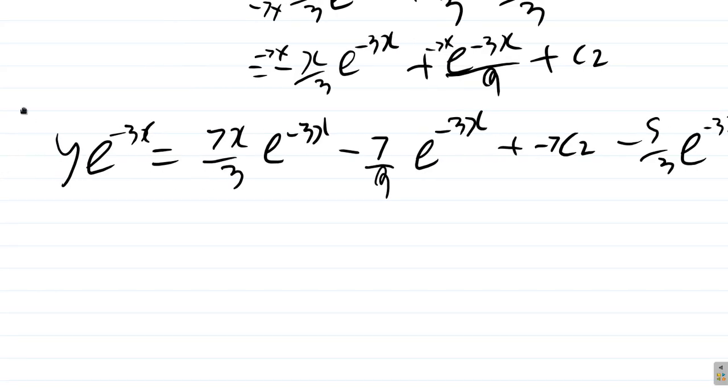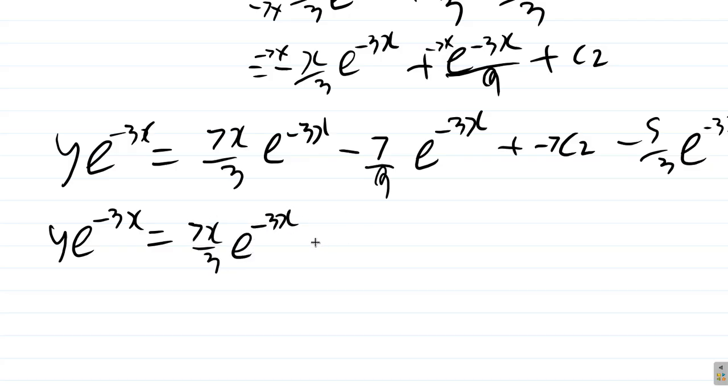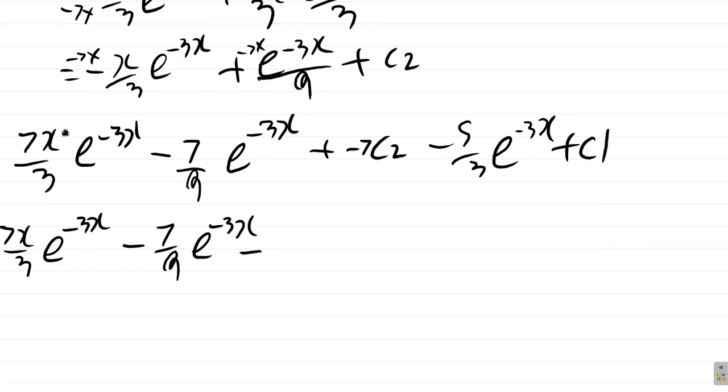Alright, so this is y e to the negative 3x equals, now this is 7x over 3 e to the negative 3x minus 7 over 9 e to the negative 3x. Let's skip over this part first. Minus 5/3 e to the negative 3x. Alright, then we say plus c1 minus 7c2.